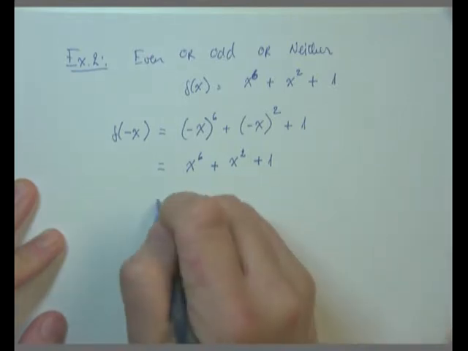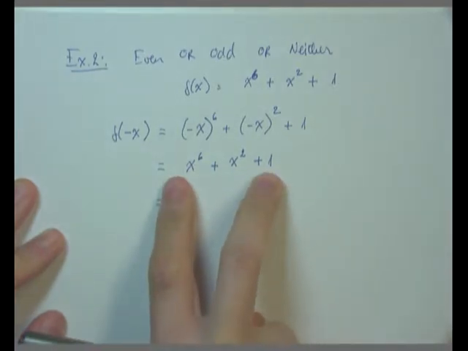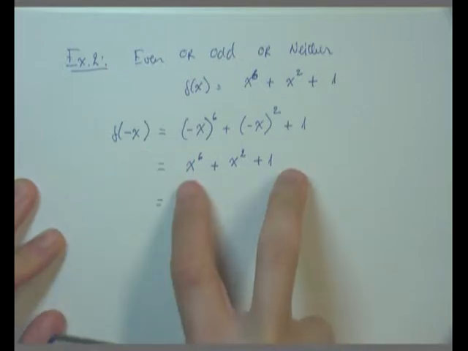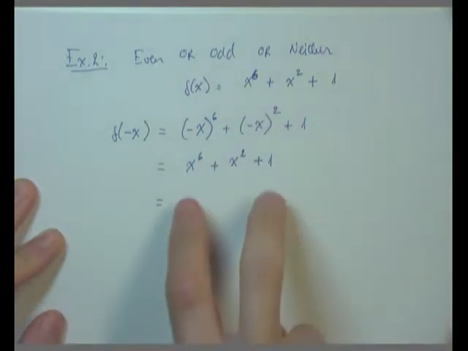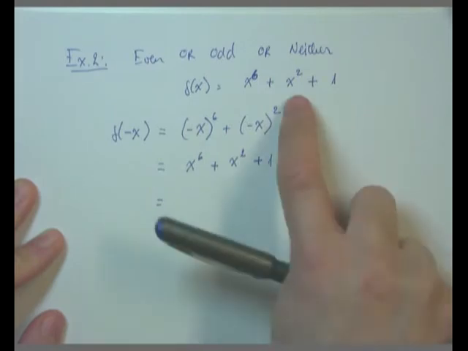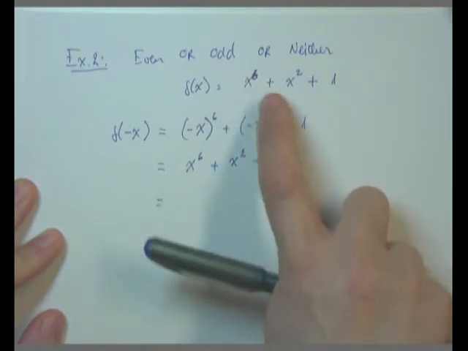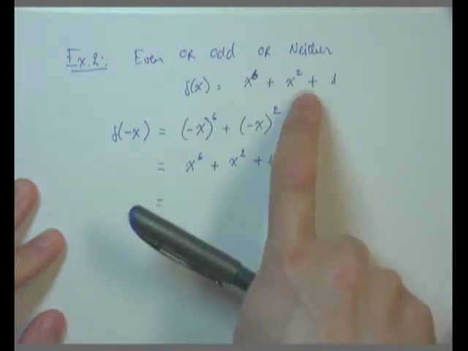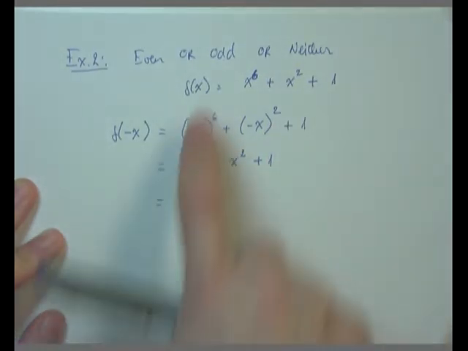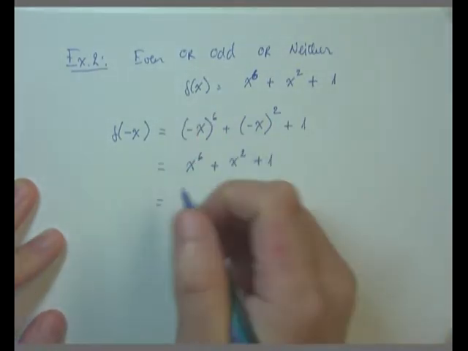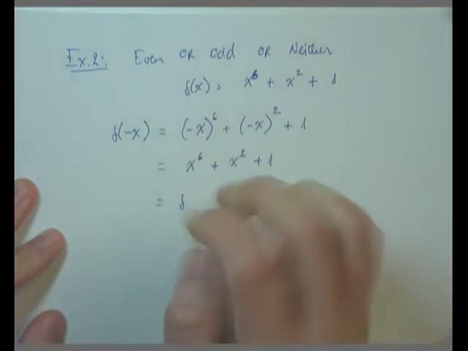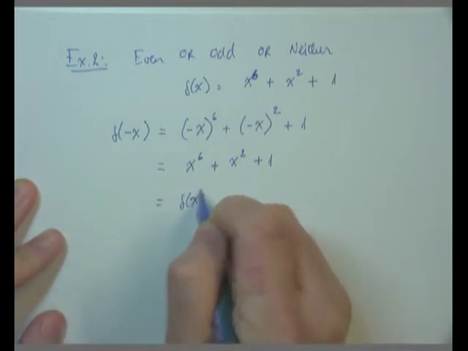At this point, my final expression, the function at a negative x, turns out to be exactly equal to the original function, because x to the sixth plus x squared plus 1 equals the function f of x itself. So I can safely say that it equals f of x.